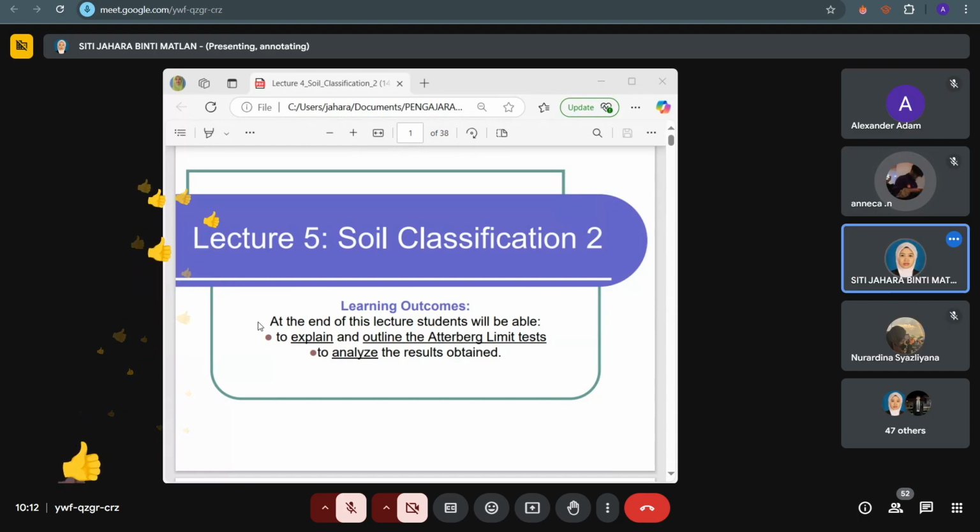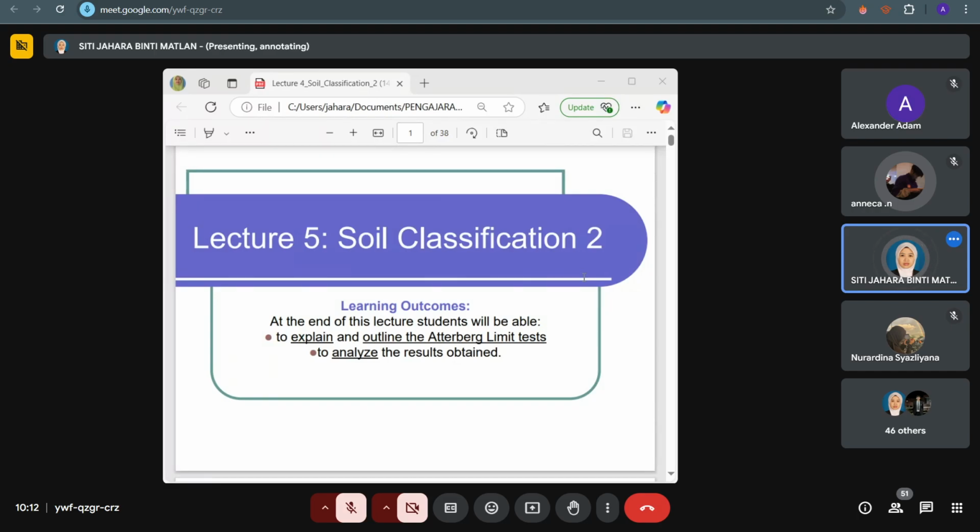Okay, so this topic is a continuation of the previous session, which is soil classification part 2. Before we begin, let me do a quick recap of what we have covered in the previous session on soil classification.